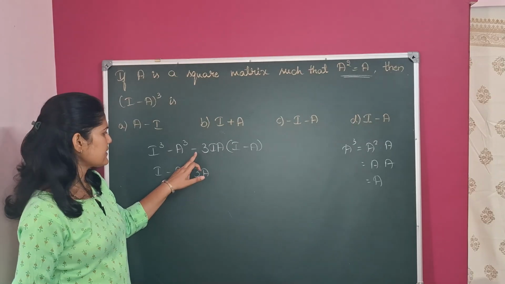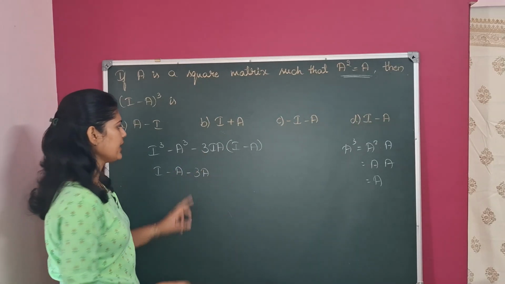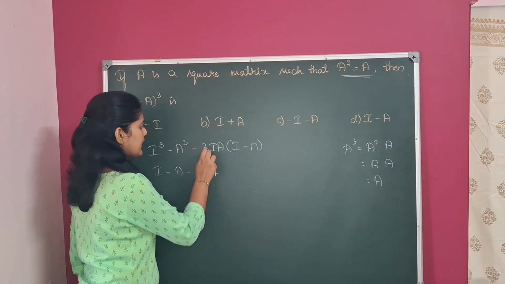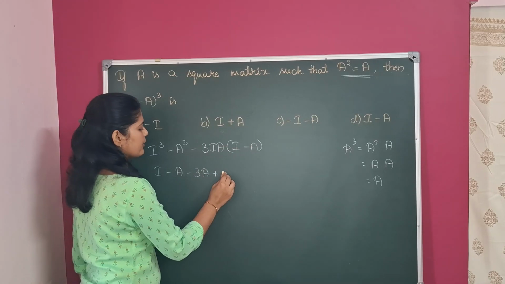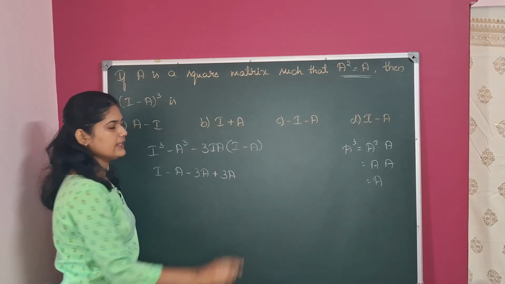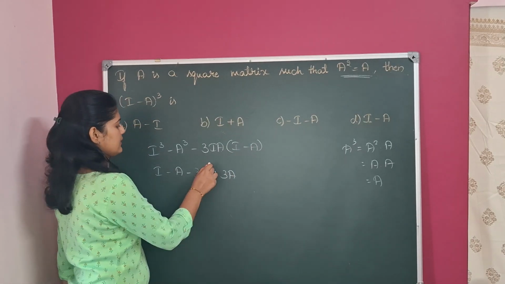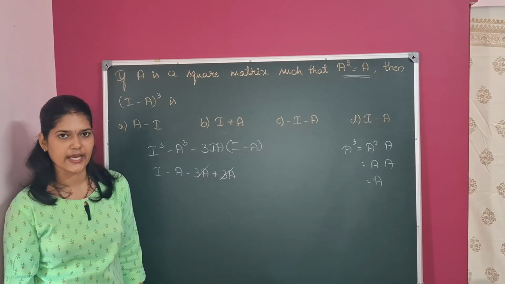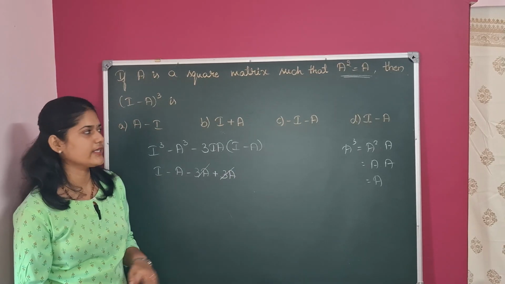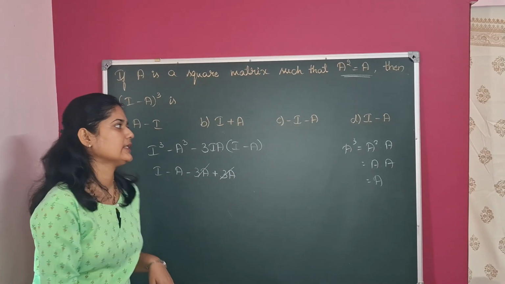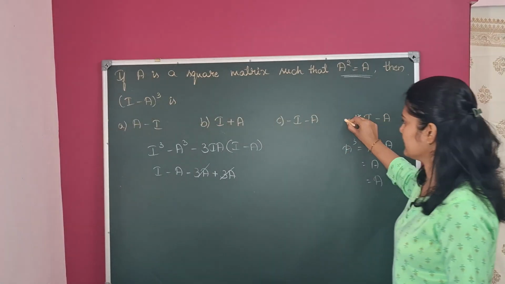If we multiply this, minus 3A plus 3A square, which is nothing but again 3A. Therefore they get cancelled. Therefore the answer is option D, that is I minus A.